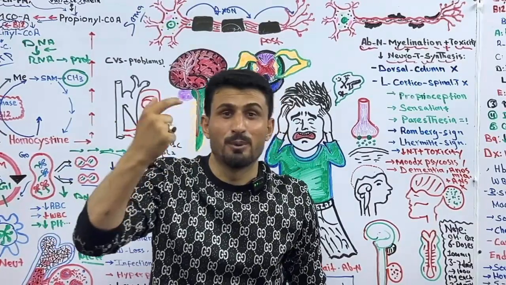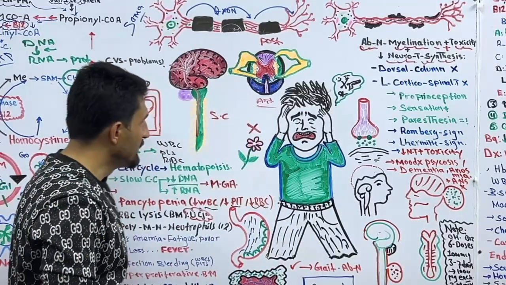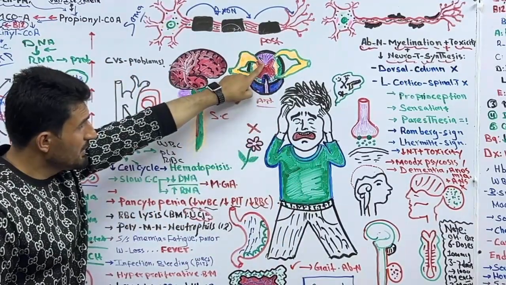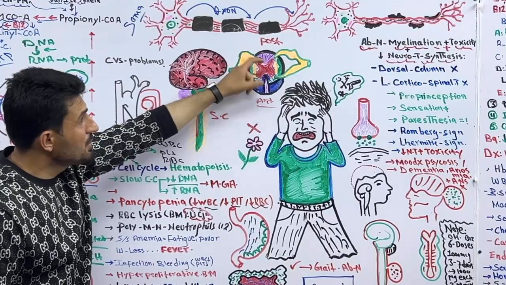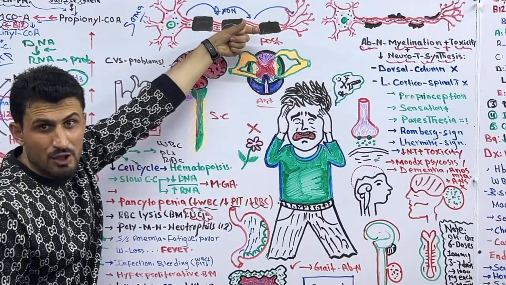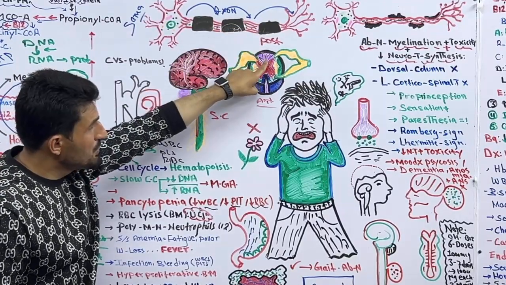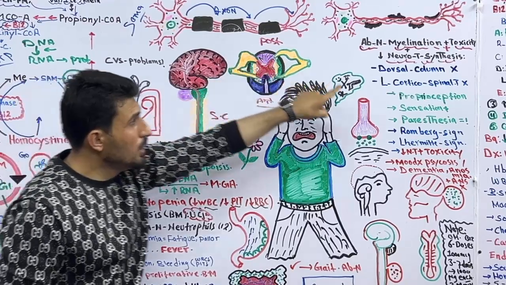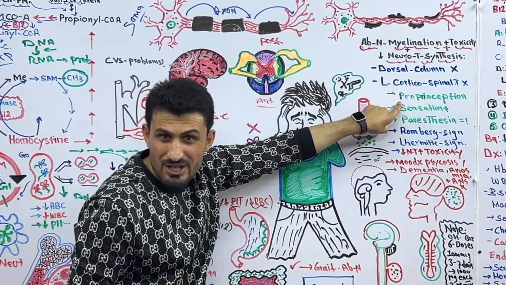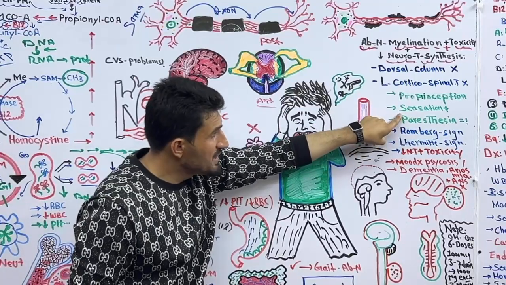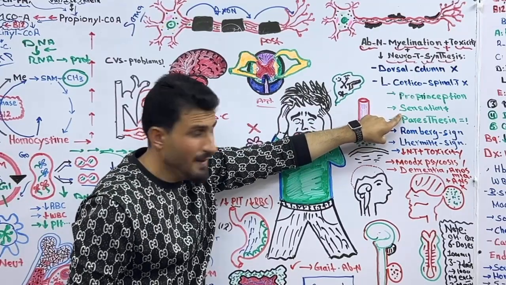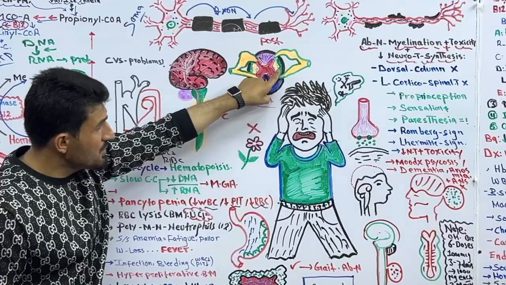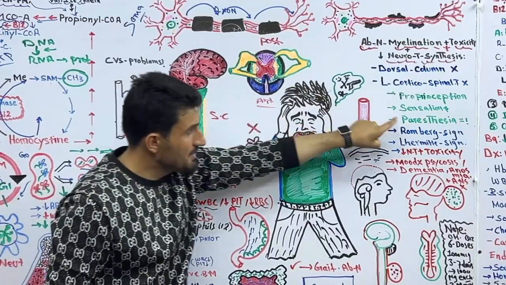this is called proprioception. Now, when you don't have enough myelination of these neurons, due to demyelination of the dorsal column you will lose proprioception sensation, you will lose some sensations, and due to the lateral column you will also lose some sensation.